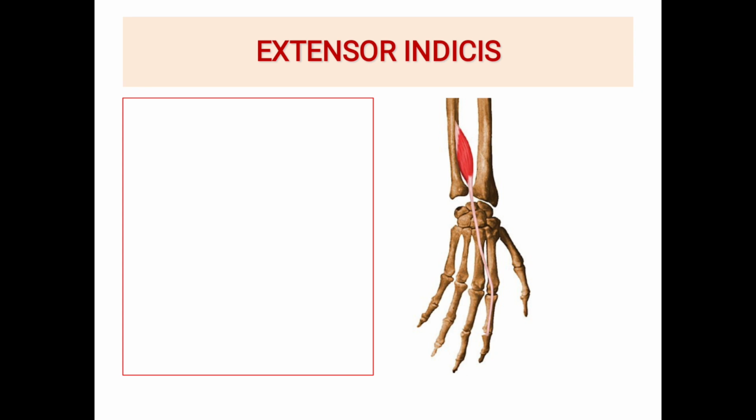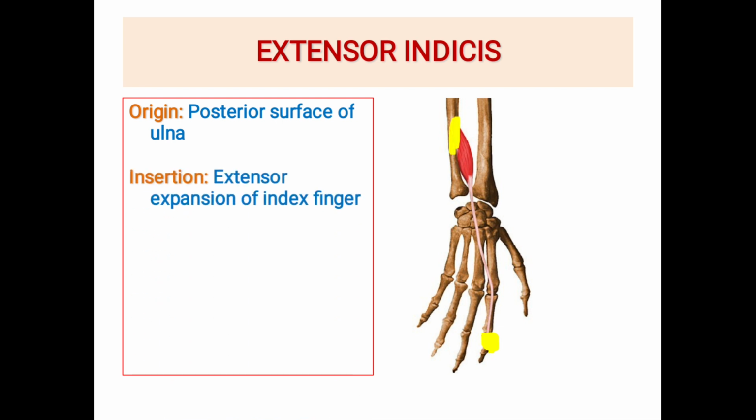Extensor indicis. So your extensor indicis, this is the origin and this is the insertion. Origin is posterior surface of the ulna and insertion is extensor expansion of the index finger, together with the extensor digitorum.